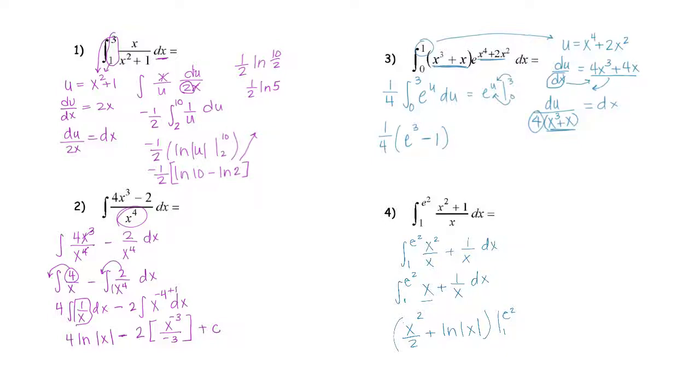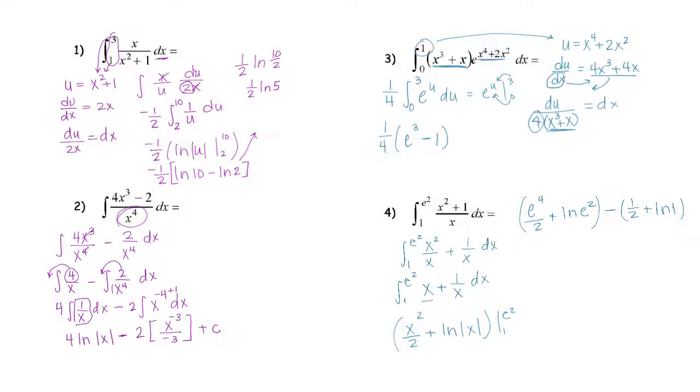And so substituting in, we're going to have e squared all squared, so that's e to the 4th over 2 plus natural log of e squared. So there's our first endpoint, and then it's going to be minus, and we plug in our other endpoint. And so if we plug in 1, we have 1/2 plus the natural log of 1.